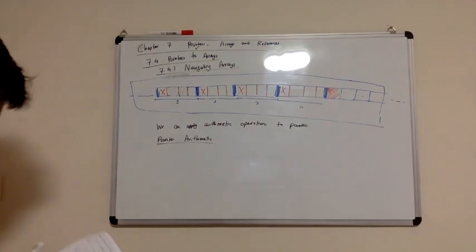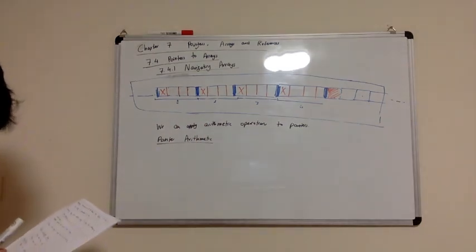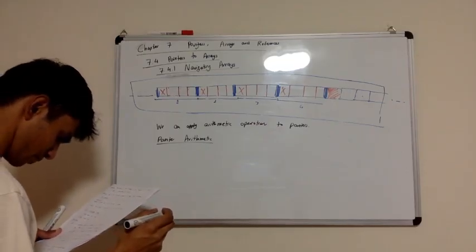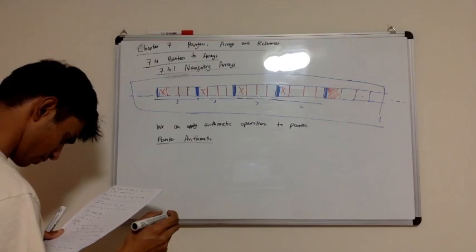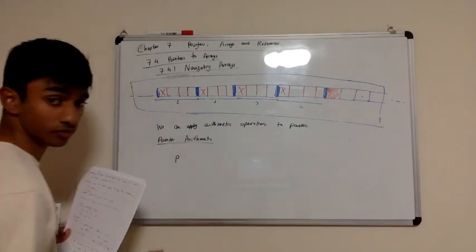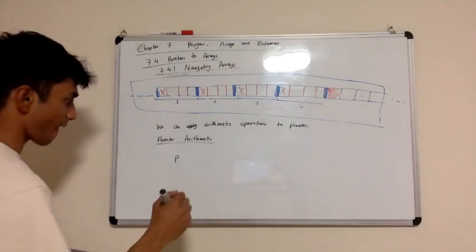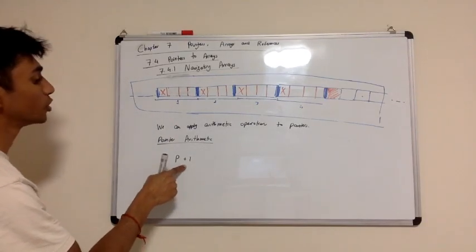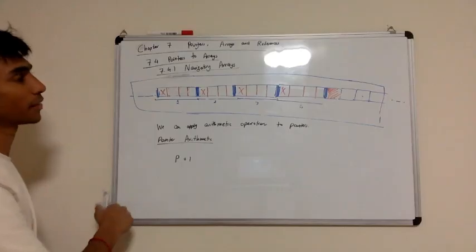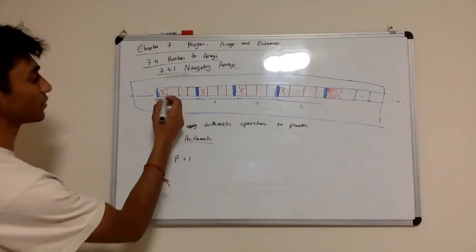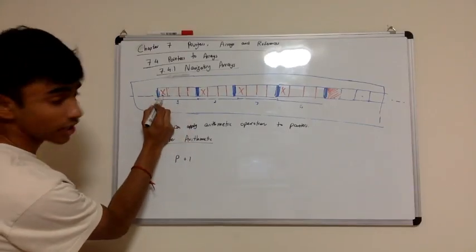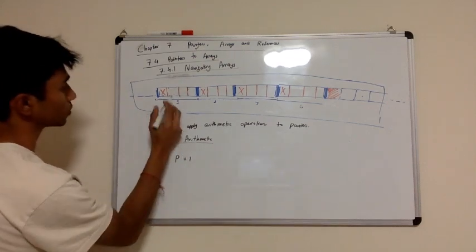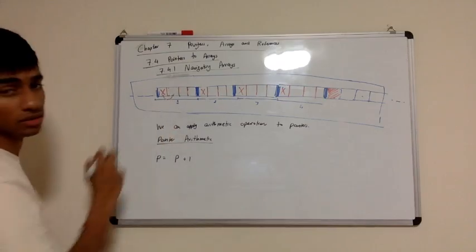Something that's really interesting is if I have some address p, and I do +1 to it, it's quite reasonable to think that, for example, if p starts here, and we add 1 to it, it would point to the next byte. So if I was to do p equals p + 1, it's quite reasonable to think that p is going to point to the next byte.